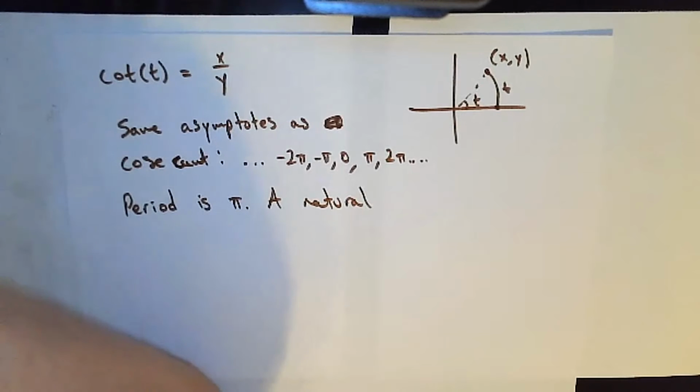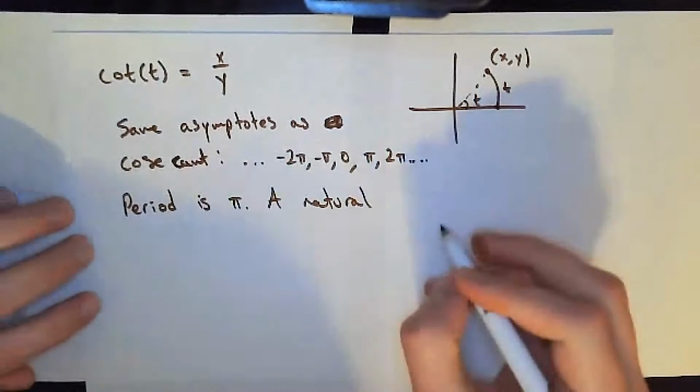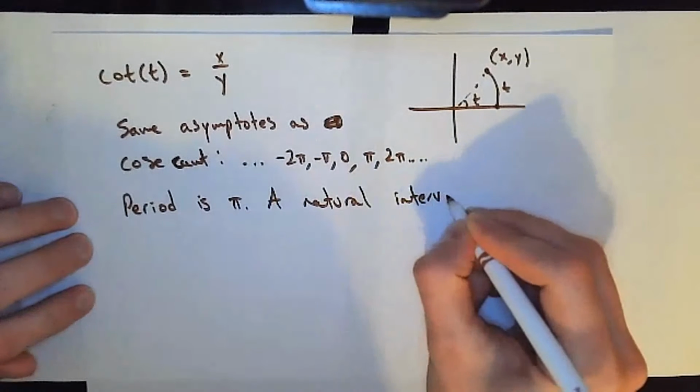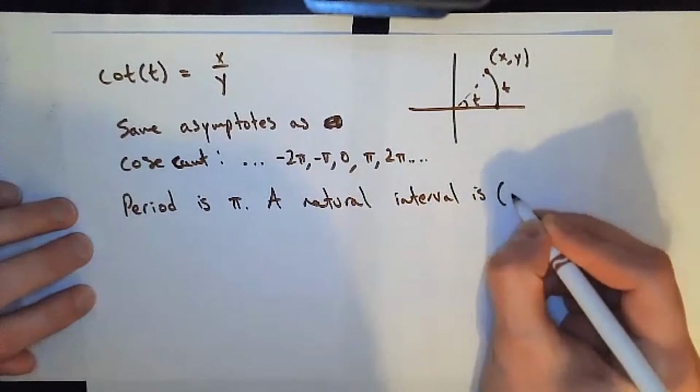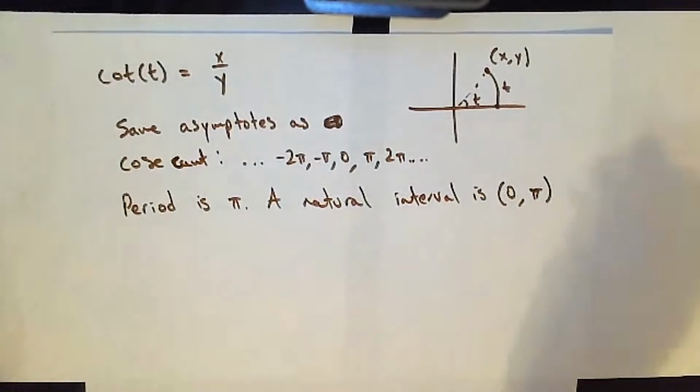Oh, goodness. Come on, Desmos. There we go. Yeah. Okay, sorry. I am so out of it. I need to sleep. Okay, a natural interval is the open interval 0 to pi, unlike tangent, which you had to scoot back to get a natural interval.